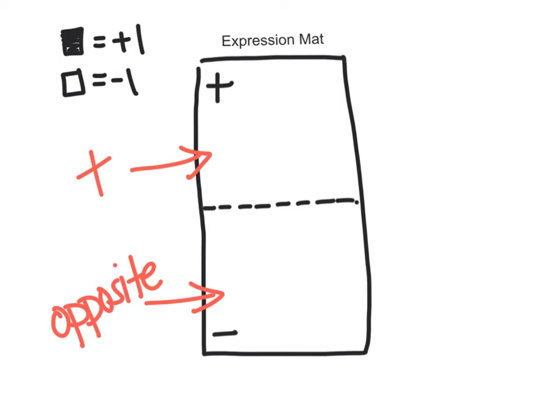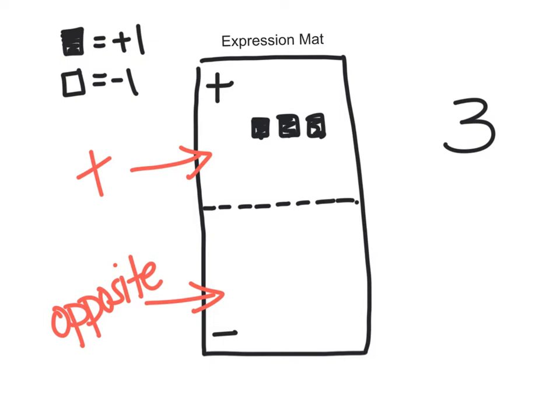If we wanted to just build the number 3, we could build that on our expression mat in a couple different ways. I could just simply draw 3 positive tiles up on top. We've got 1, 2, 3 in the positive region. That's one way to show it.